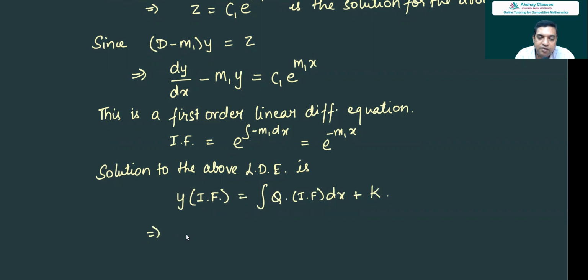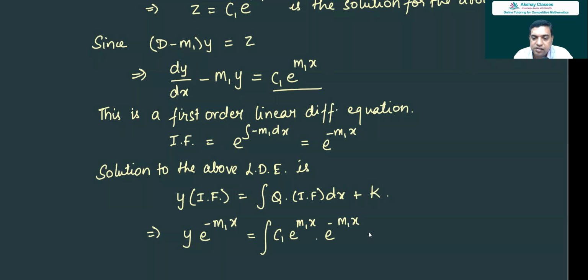So I will write this as y times e power minus m1x is equal to integral of c1 e power m1x times the integrating factor, plus k at the end. We'll change it to c1 or c2, whatever.